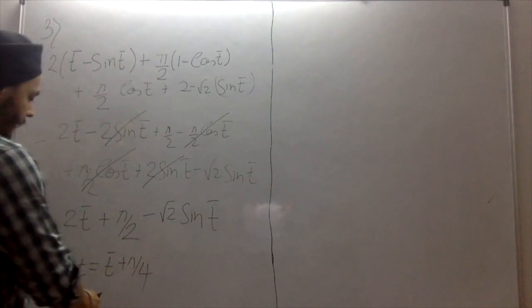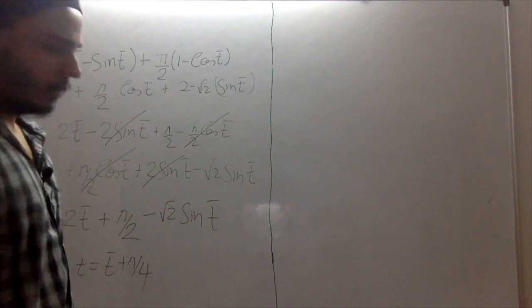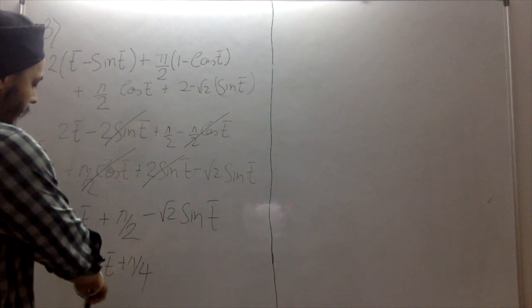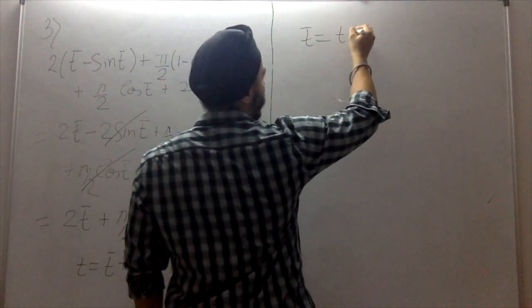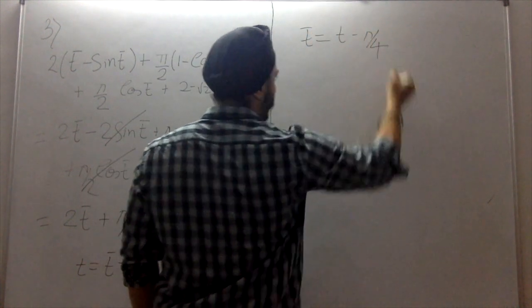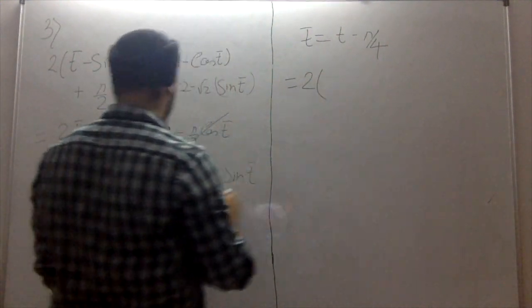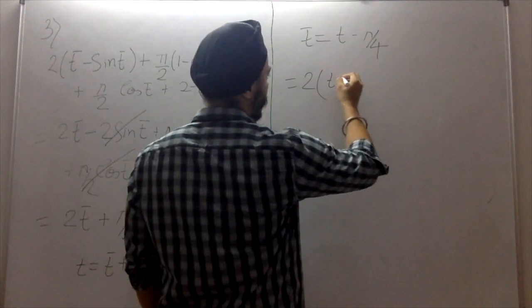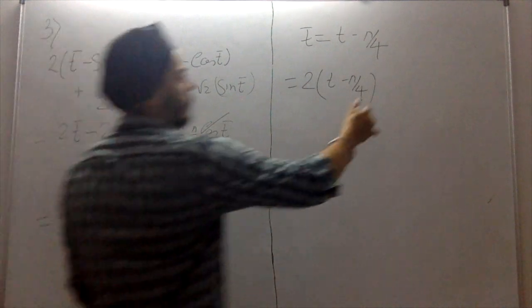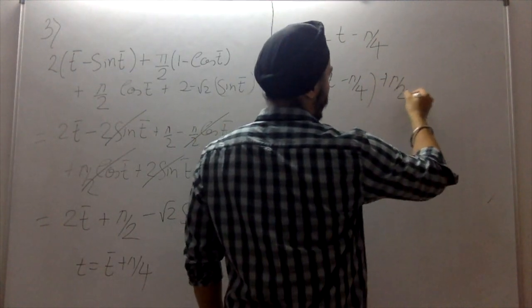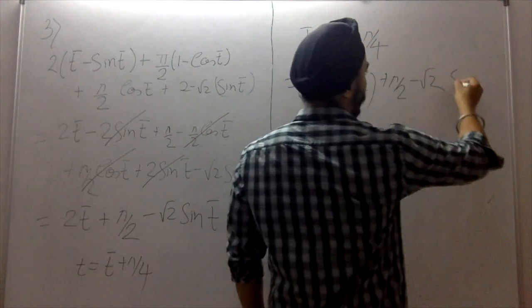So now we will replace t bar with t. Our t bar will be equal to t minus pi by 4, which gives 2 times t minus pi by 4 plus pi by 2 minus root 2 times sin t minus pi by 4.